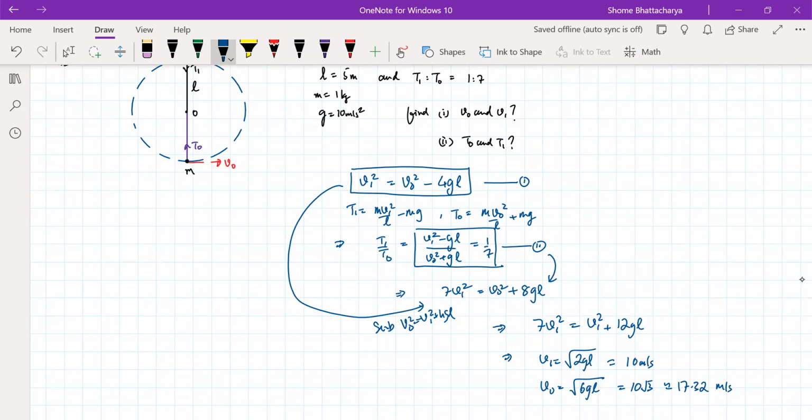And accordingly, T1 will become mg and T0 will become 7 mg.